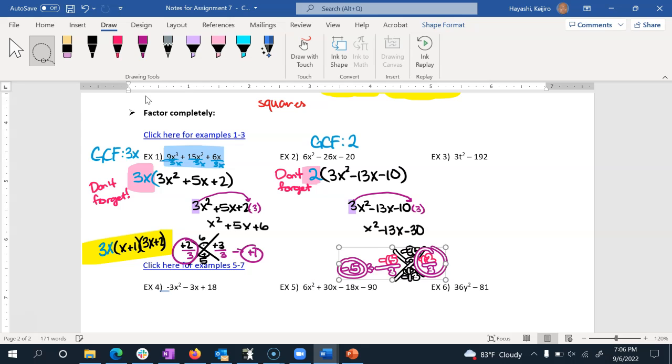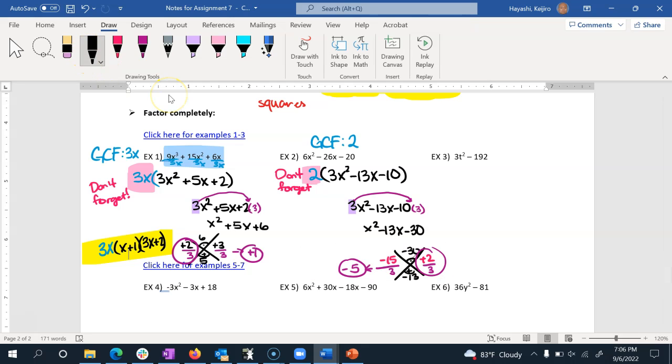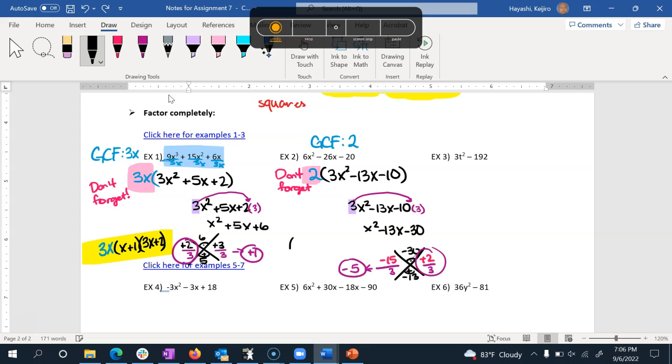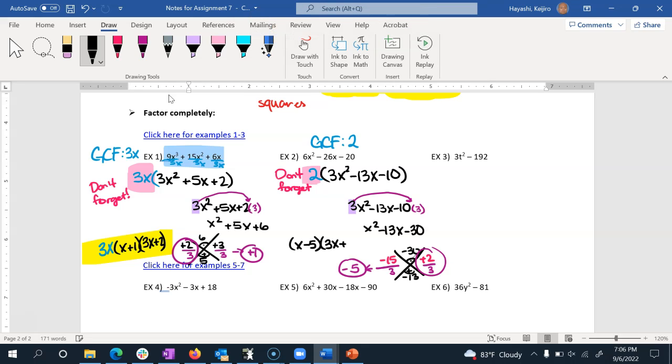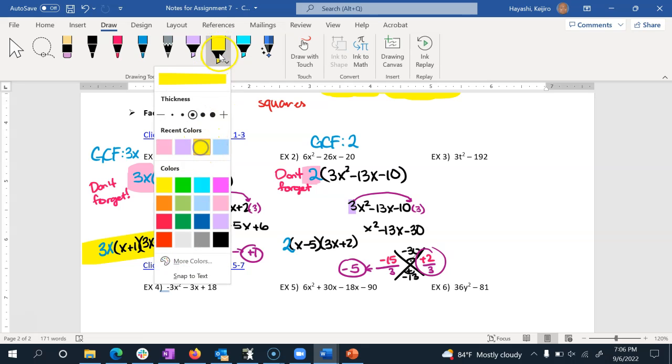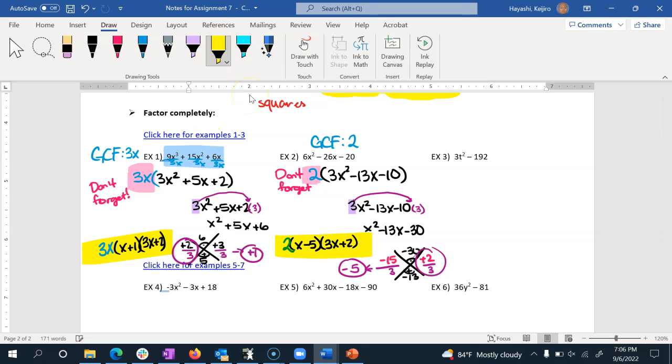And then 3x plus 2, the one that didn't reduce. And then drop down the 2. Don't forget this 2 that we factored out in the very beginning. That's got to be a part of the expression too. So that is the completely factored form.